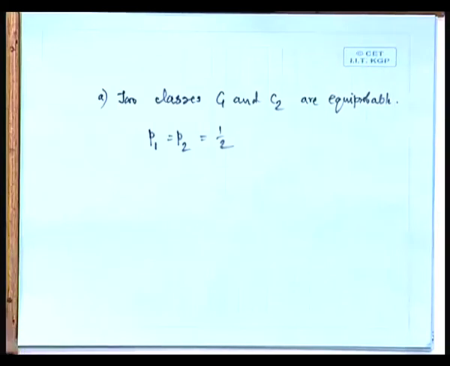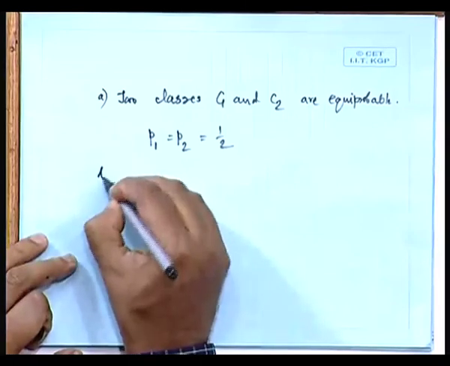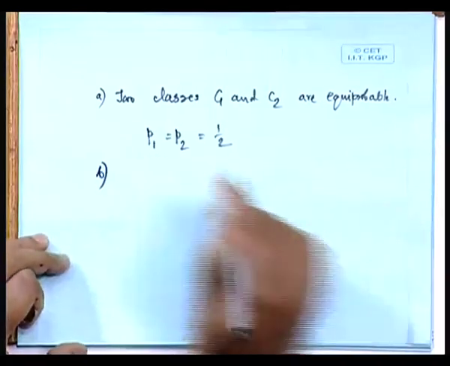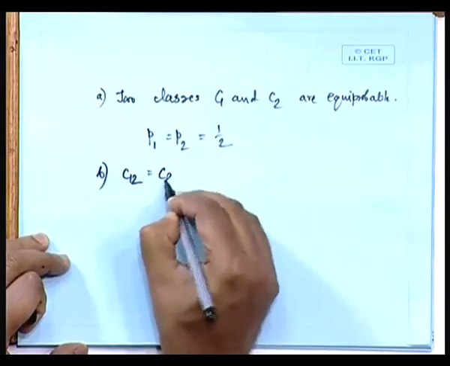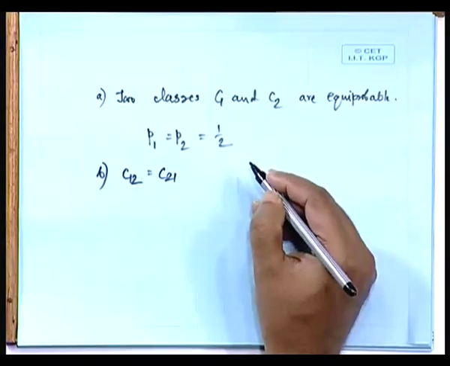Write down, some problem with the sketch pens anyway. Yeah, this is better. So, C12 is equal to C21, the cost functions that we had taken last time. What are C12 and C21?